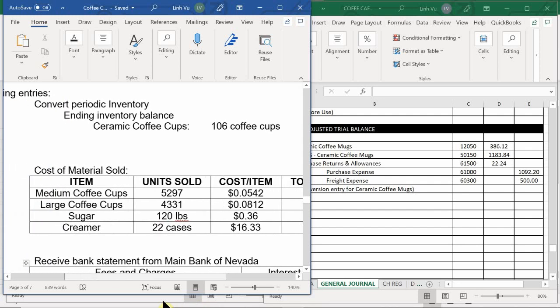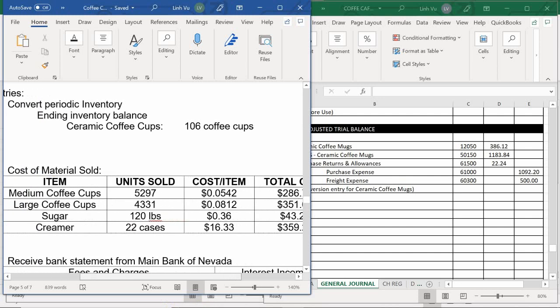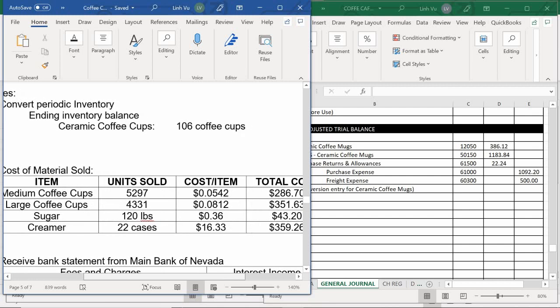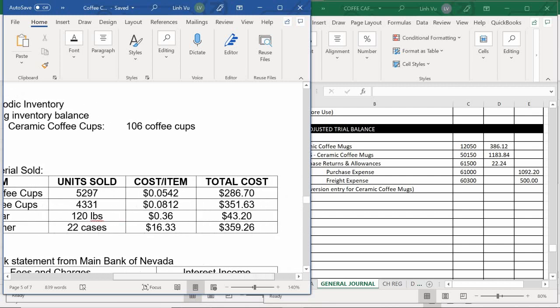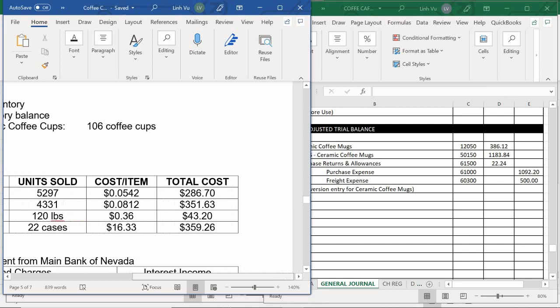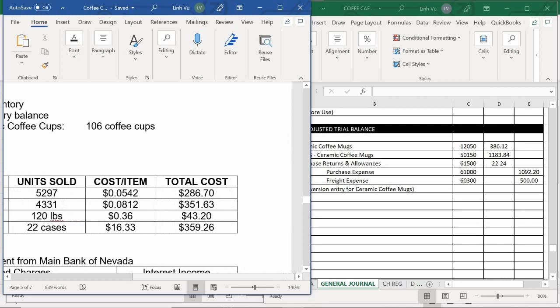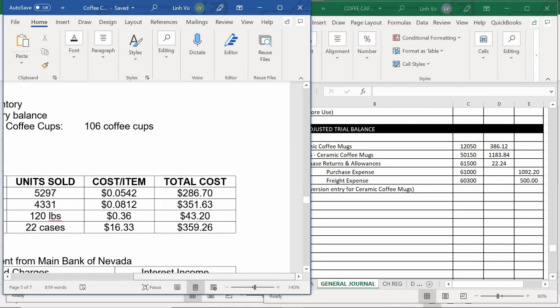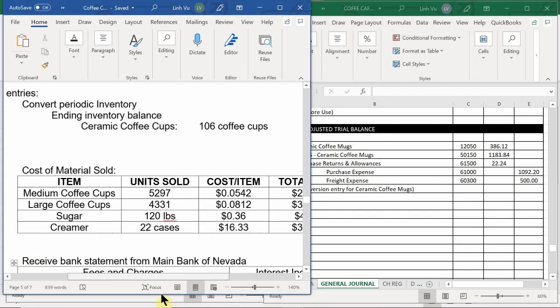For the large cups, I used 4,331 cups at 8.12 cents, so it gave me a grand total of $351.63 that I used.